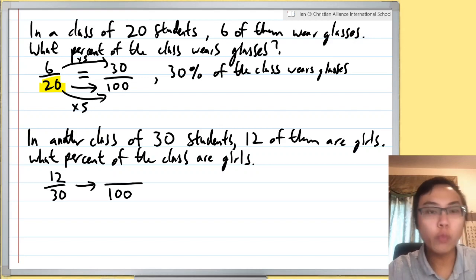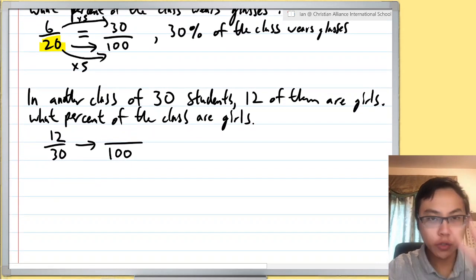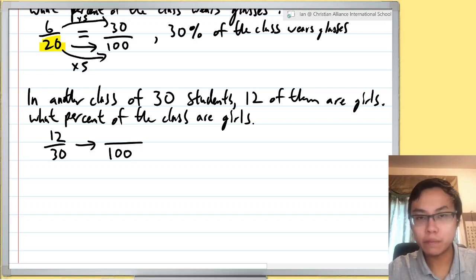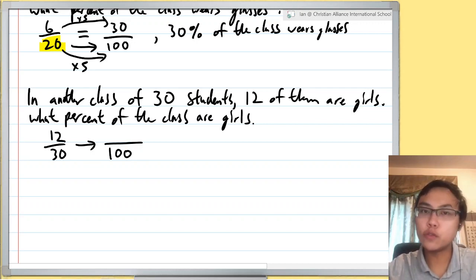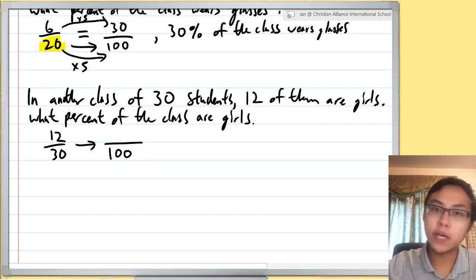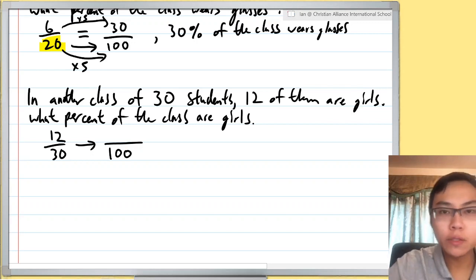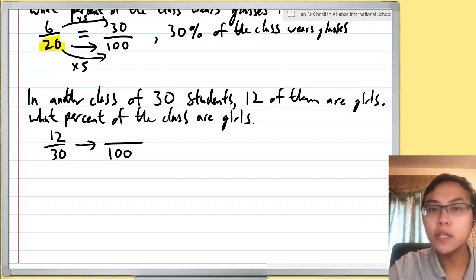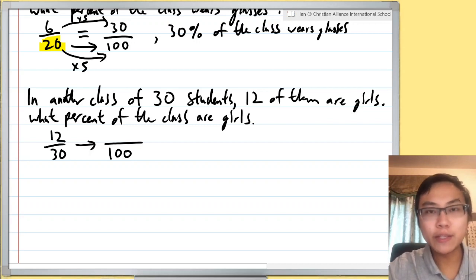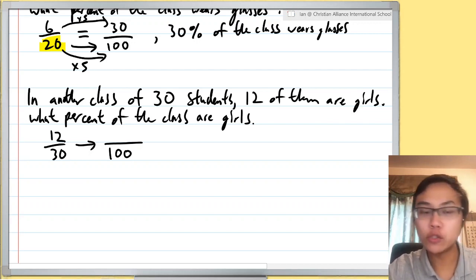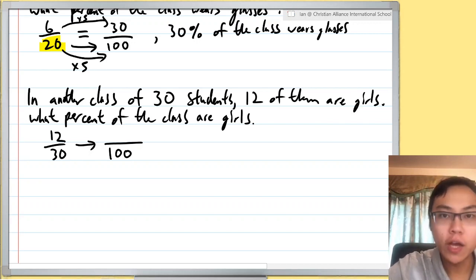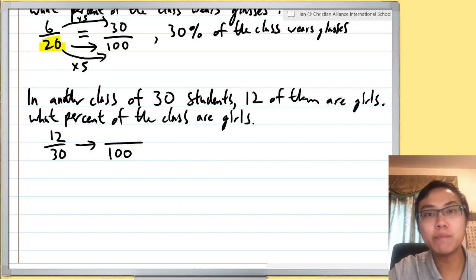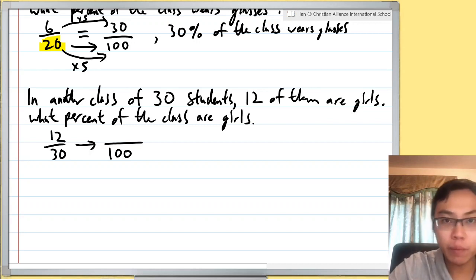There are several ways to do this. I'll show you two ways. One of them is easier to do, but it doesn't work all the time. This time I want to simplify the fraction to make it something that is easy to multiply into 100. For 30, I can divide top and bottom by 3.